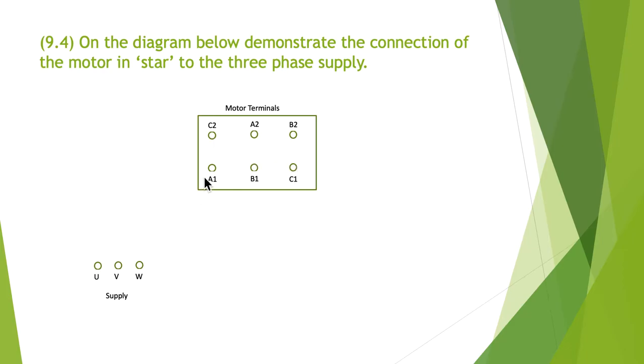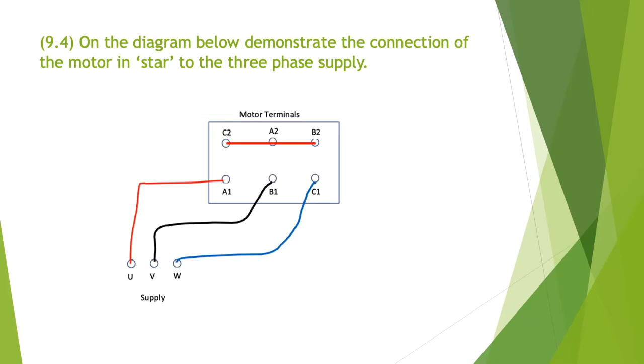But you'll notice all the starts are on the bottom, all the finishes are on the top, so it's actually quite easy to connect it in a star configuration, and we simply join all the finishes together, and then we supply a phase to each of the others. Simple as that. So that's a star connected.